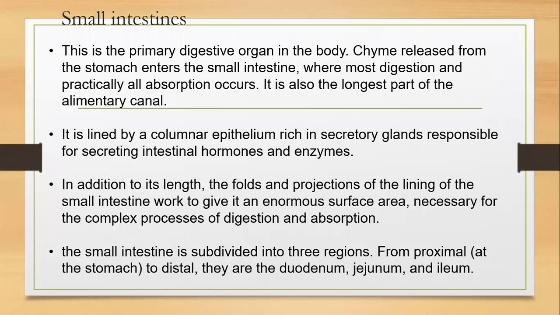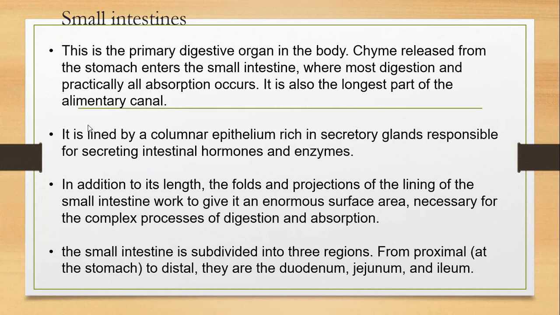Now, the small intestine is the longest portion of the GIT. It is made up of about 5 to 6 meters of tube, starting from the duodenum. This is the organ that is mainly involved in the process of digestion and absorption.